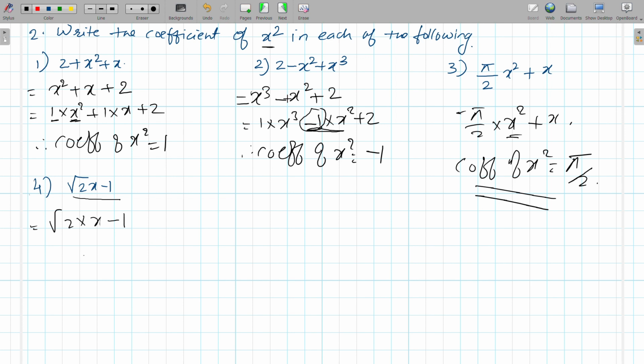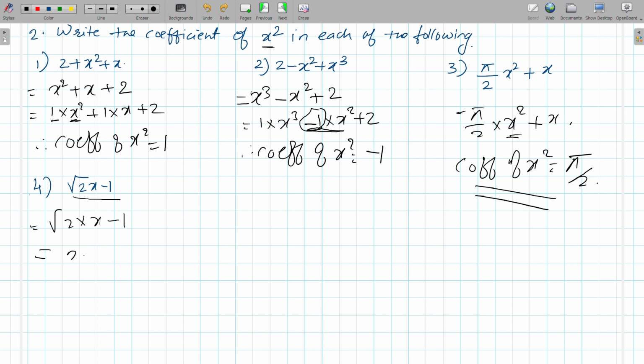Minus 1. But what we need to identify is x square. So without changing the value of the equation, what I can write is, it is equal to 1 into x square or 0 into x square, right?